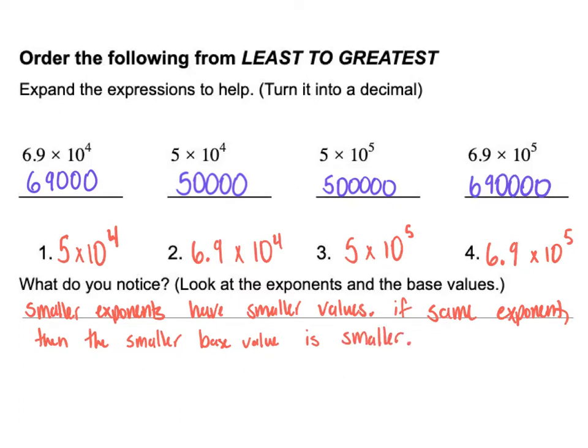So if you look at the first two, 5 times 10 to the fourth and 6.9 times 10 to the fourth, both have 10 to the fourth, so they have the same exponents. So we look at the smaller base. Well, 5 is smaller than 6.9, so 5 times 10 to the fourth has to be smaller than 6.9 times 10 to the fourth.